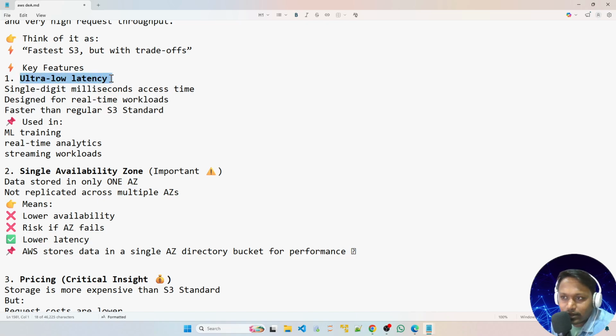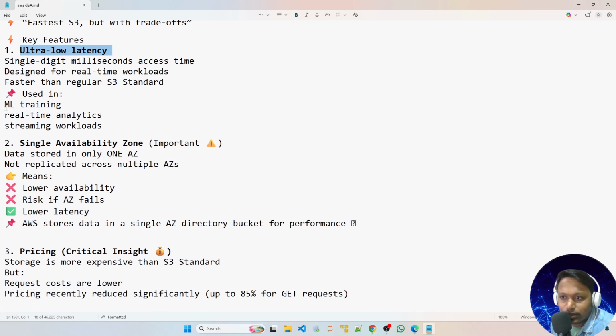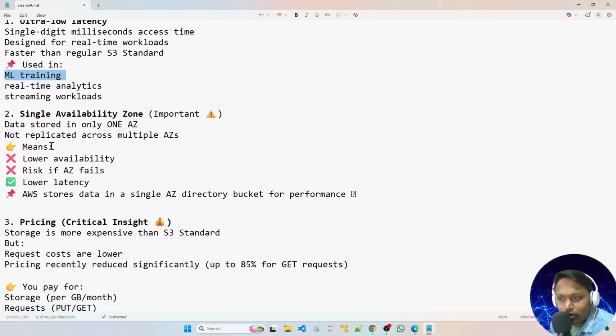It has ultra low latency, that is single digit milliseconds access time, designed for real time workloads, faster than regular S3 Standard. It's used in machine learning training, real time analytics, streaming workloads. A con is single availability zone: data is stored in only one AZ.